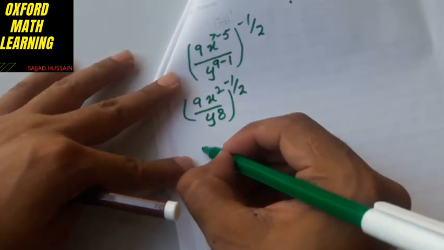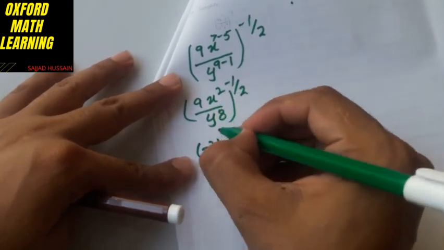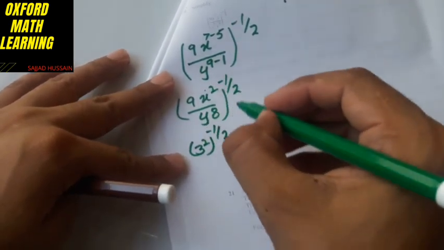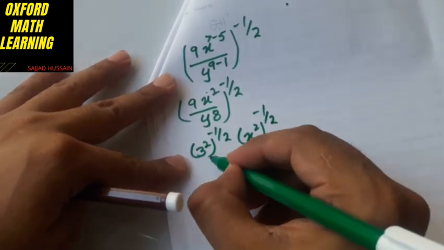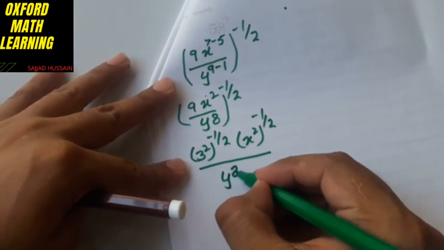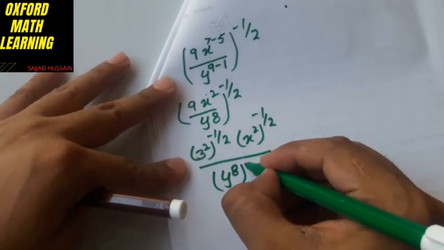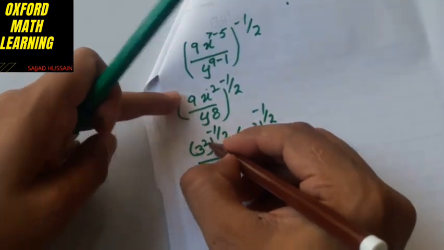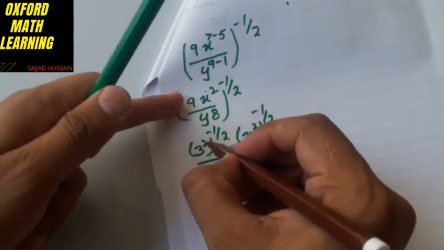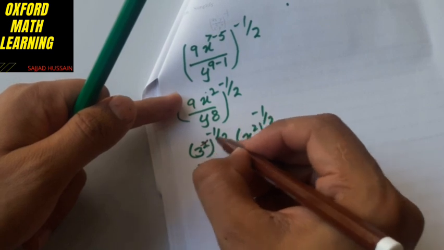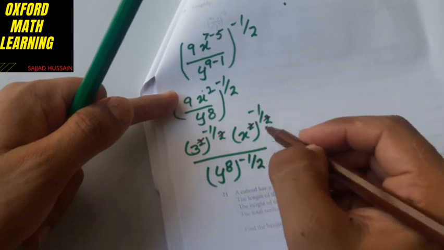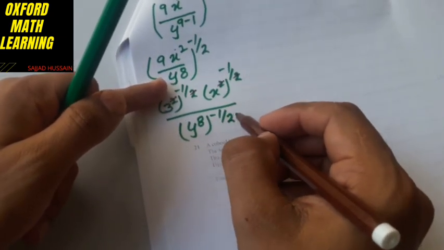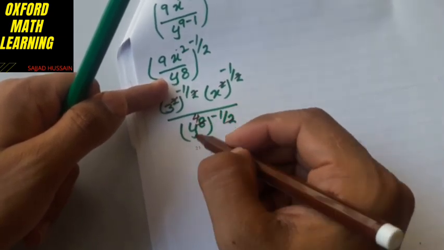We can write 9 as 3 square, 3 square to the power minus 1 over 2, x square to the power minus 1 over 2, and y to the 8 to the power negative 1 over 2. So the powers will multiply with each other. 2 into 1 by 2 will cancel 2. 2 into minus 1 by 2 will cancel 2. So 8 into minus 1 by 2 will be minus 4.